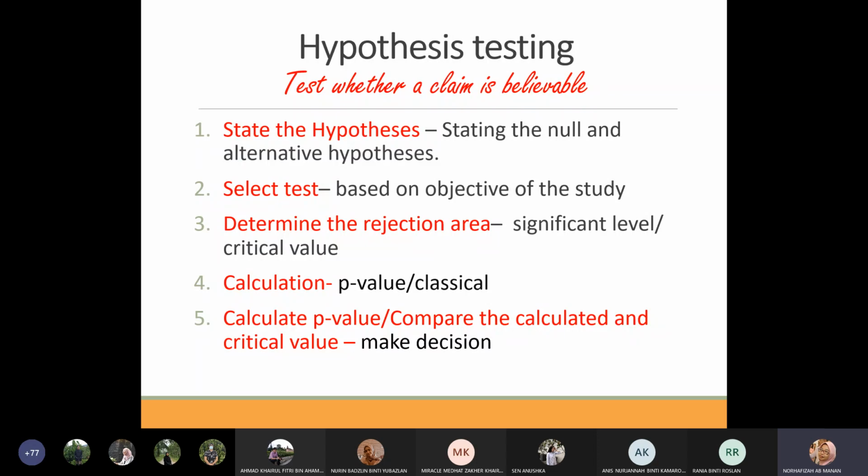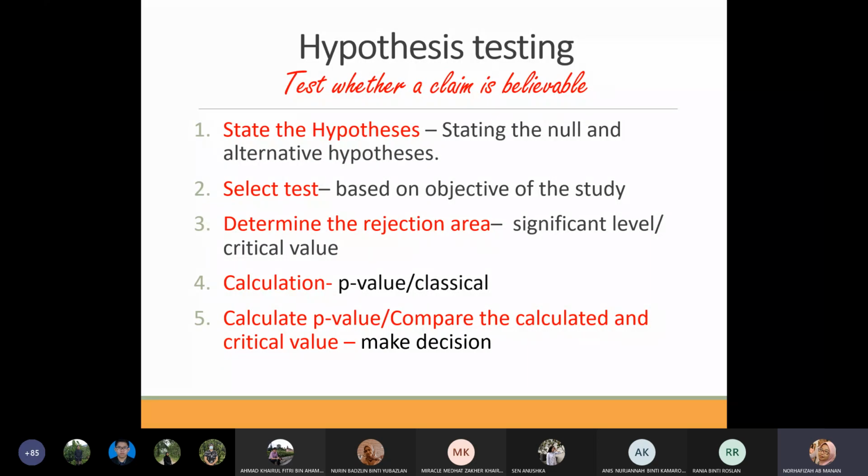And then after you already select the test, you need to determine the rejection area. Do you still remember this? You have to determine which area is the rejection area, and then after you get the calculation, the t value, for example, you compare with the t tabulated value from the table.